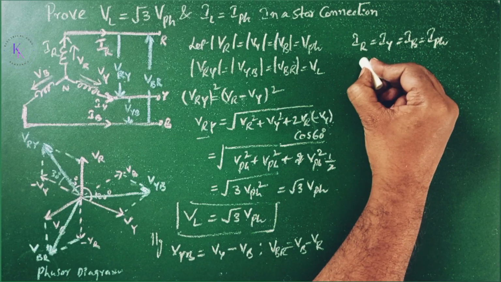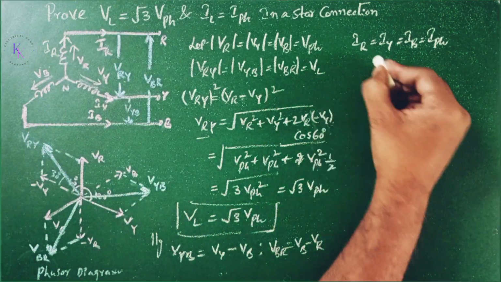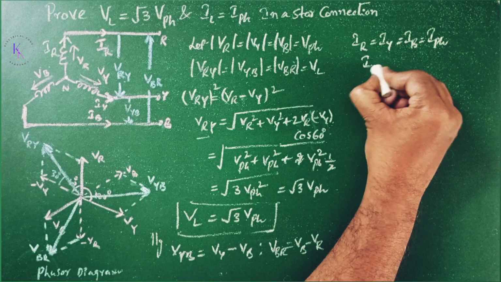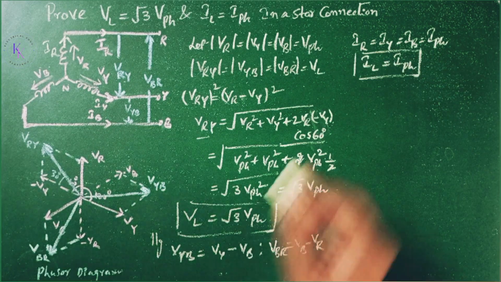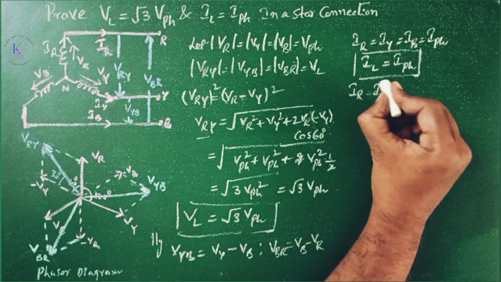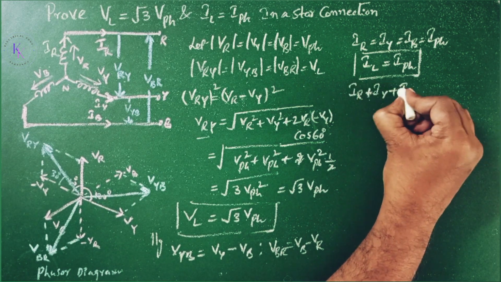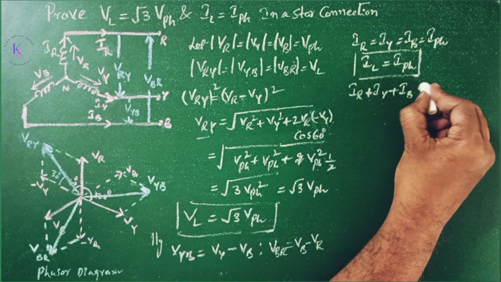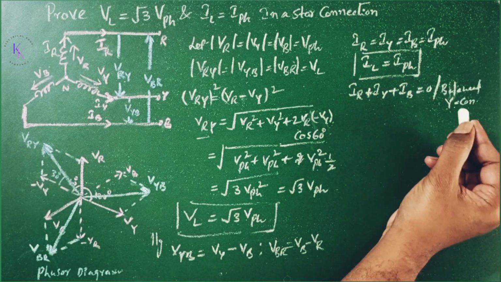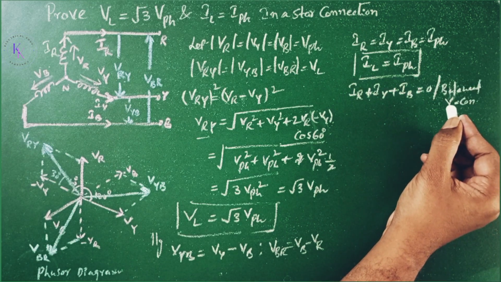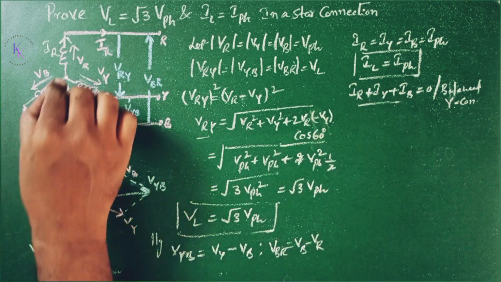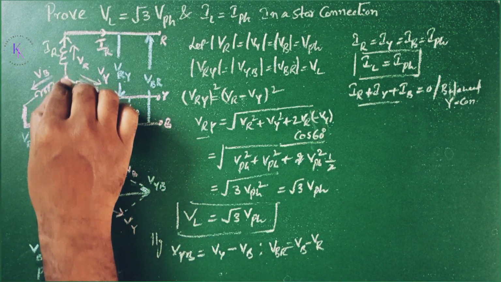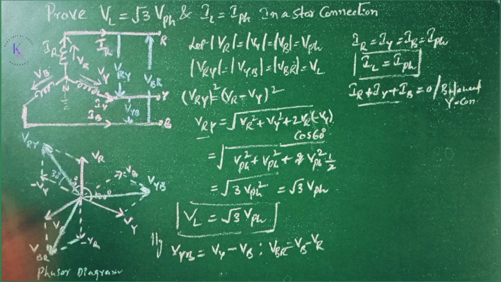Since they are in series, generalizing, IL equals I phase. For a balanced star connection, IR plus IY plus IB equals 0. If the Y connection is not balanced, then the current other than this value will flow through the fourth line, that is the neutral line, and be given to ground.